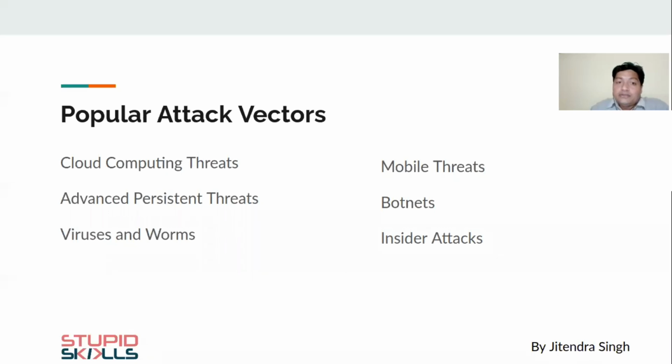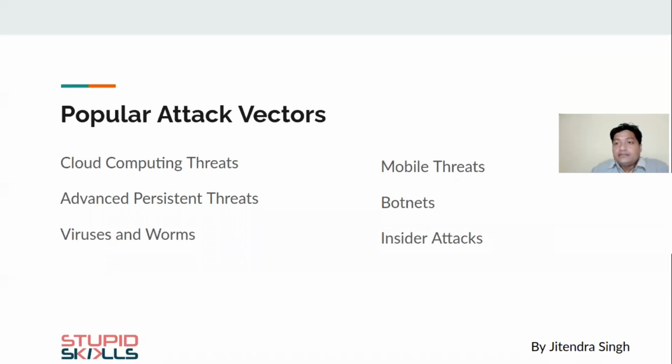Okay. So by vectors, I hope you understand that it means the direction from which the attack is coming. The points on the slides tell you from which direction the attack is possible.